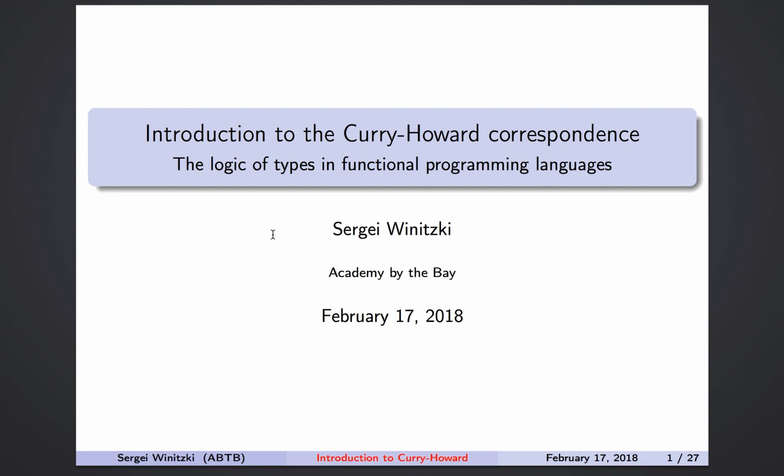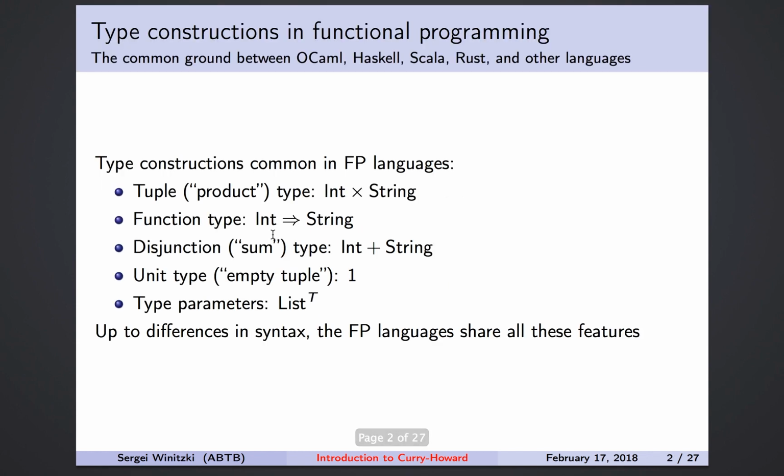Let us begin with what types are available in functional programming languages, because it is that specific kinds of type constructions that is the basis of the Curry-Howard correspondence. Without these type constructions, it would be impossible to make a connection with logic and to use the mathematical knowledge that logicians have obtained.